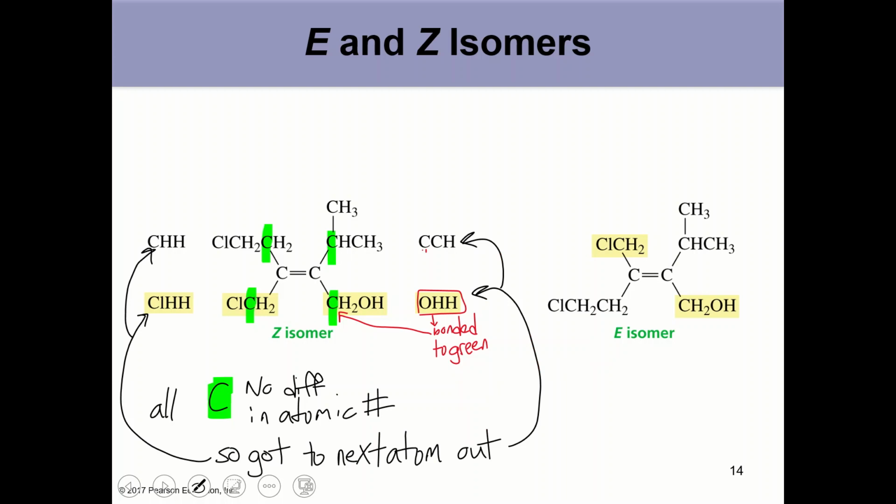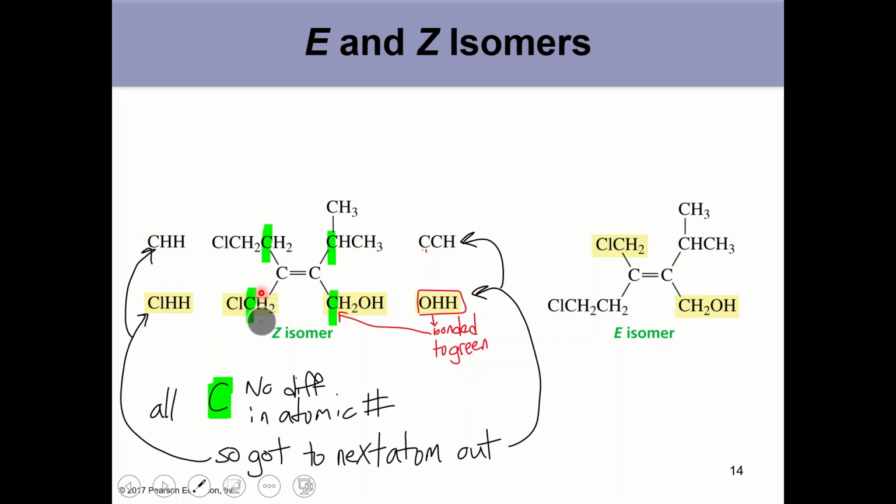So all the carbons are the same. They have the same atomic number. We can't use them, so we go out to the next atom. What they've written to the side here, which I have pointed out with an arrow, are the atoms bonded to the carbon that is highlighted green. The carbon highlighted green is bonded to 2 hydrogens, 1, 2, and 1 carbon, 3.